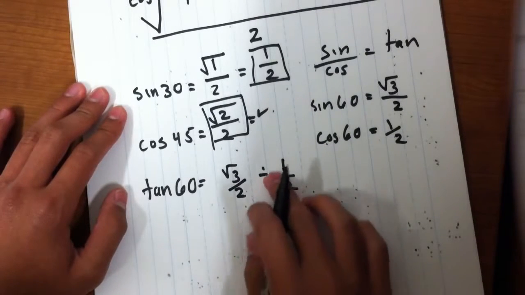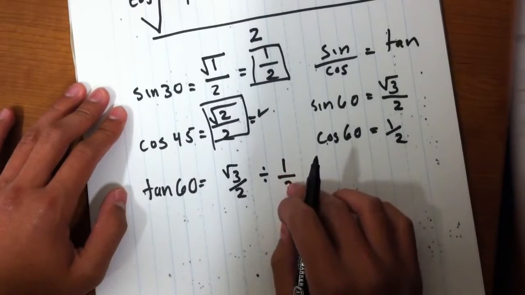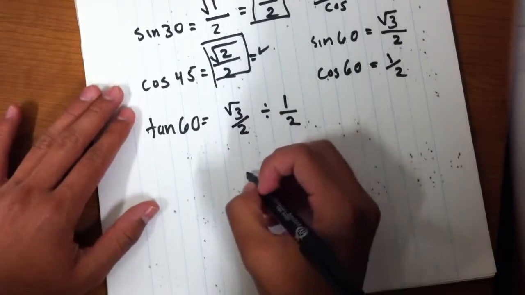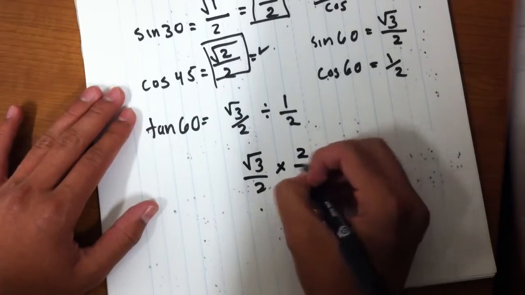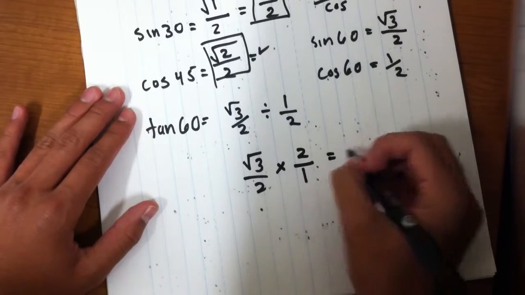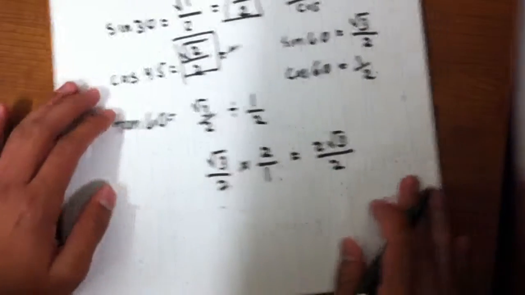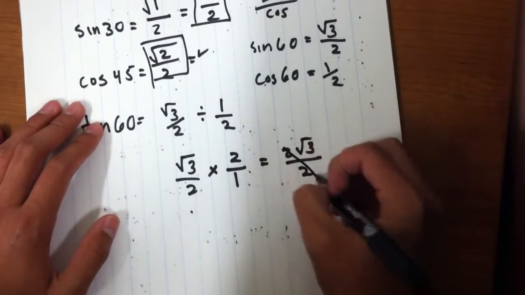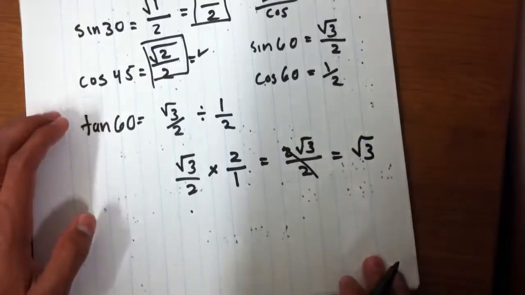Since we know how to divide fractions, we can do the reciprocal and multiply the first value. So it would be square root of 3 over 2 times 2 over 1. This would give us 2 square root of 3 over 2. Then the 2s cancel with each other, and we're left with square root of 3.